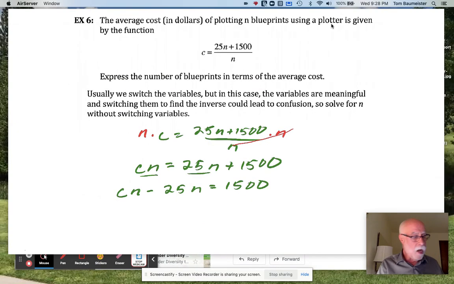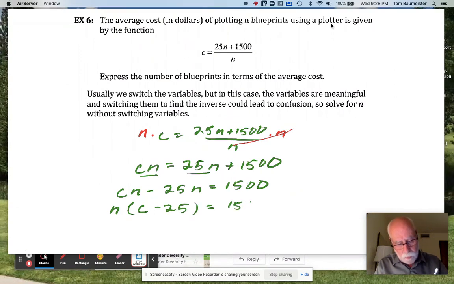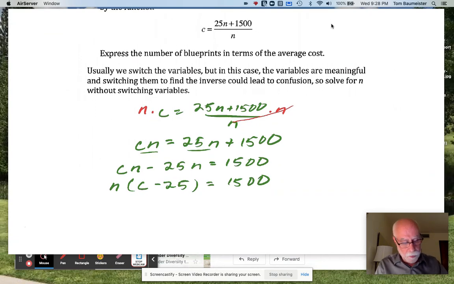Now, I have the n's on one side. I have to solve for n. So I can factor out an n because there's one in each one. And then what I have left, c minus 25. And then to get n by itself, what are we going to do?